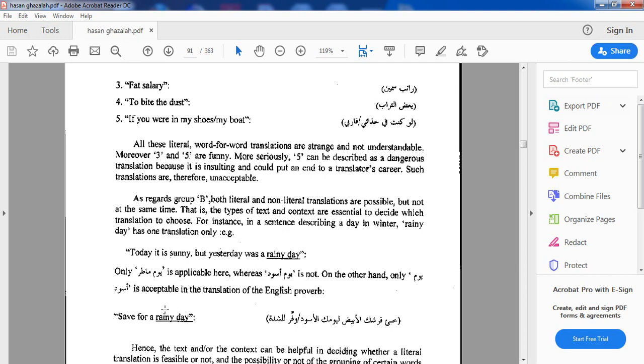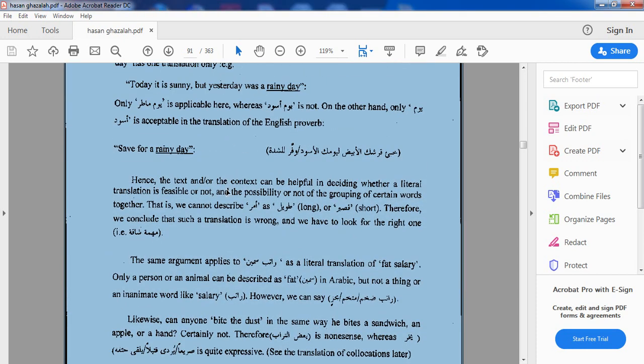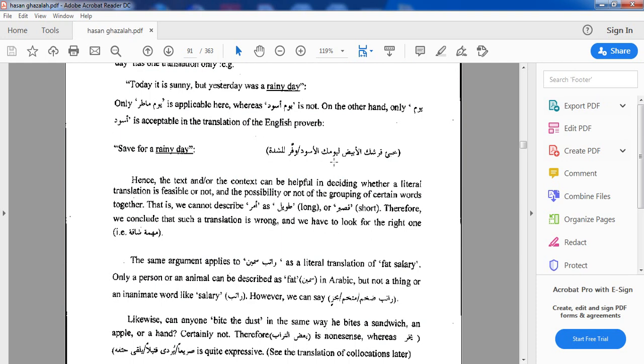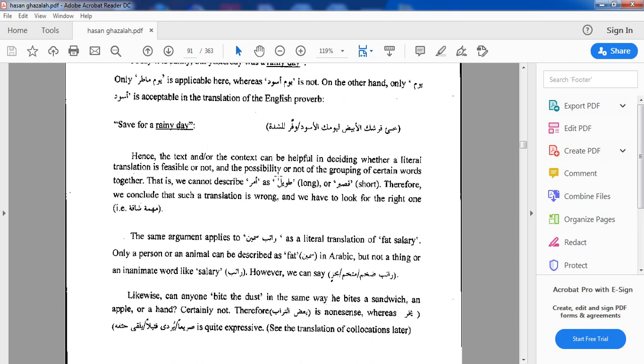We cannot say here وفر لليوم الماطر. The context does not accept this translation. And actually, the same thing applies to the other examples.